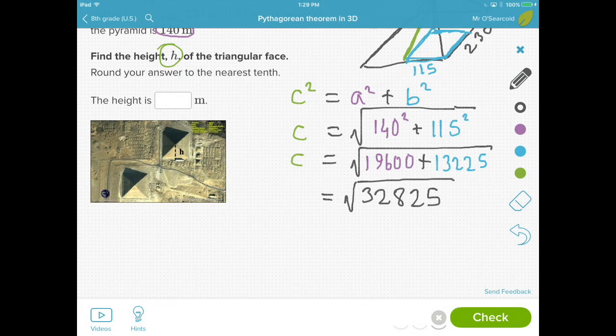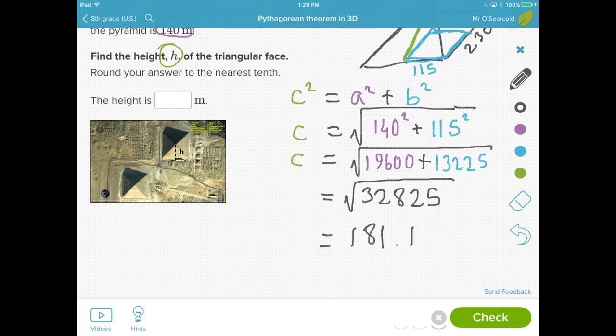I strongly encourage using a calculator for this. If you're using Google, use the string SQRT, open parentheses, 32825, close parentheses, and hit enter, and that will give you the square root of 32,825.